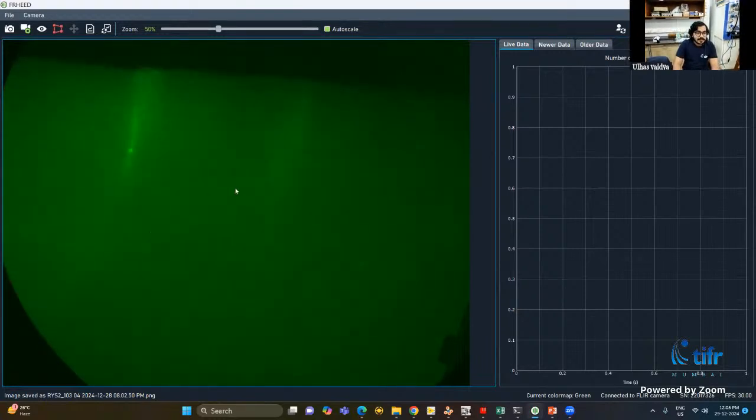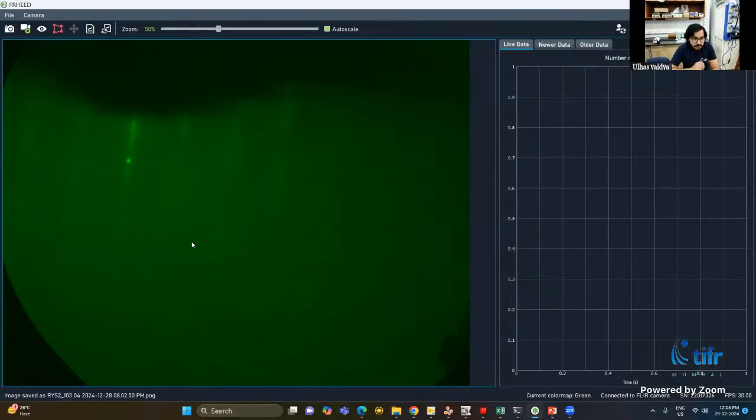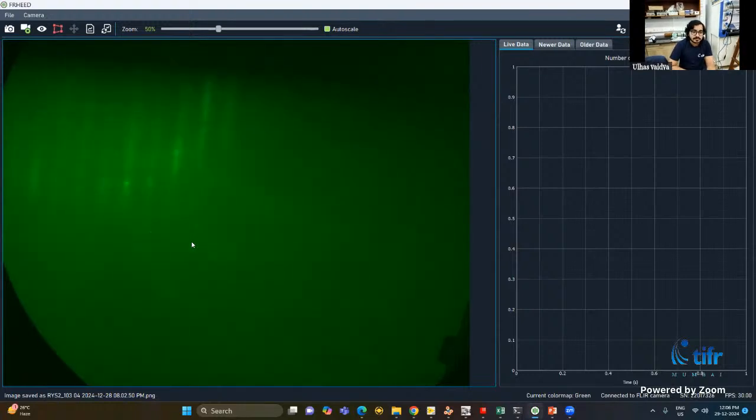Now you can see the patterns have changed. By monitoring the RHEED, we can see that the YbSb2 monolayer has already formed, and we are only seeing the YbSb2 RHEED pattern.